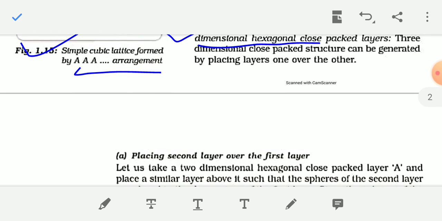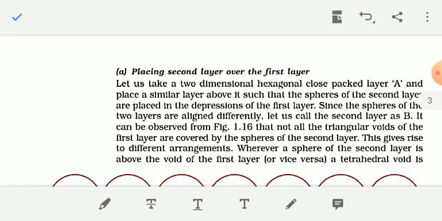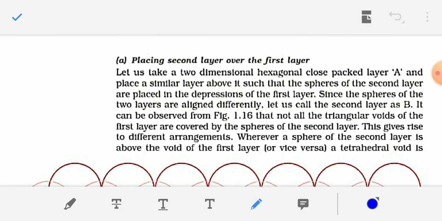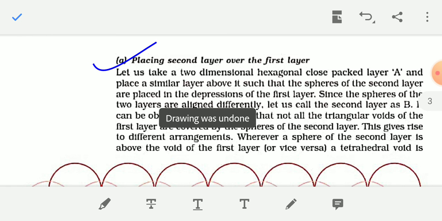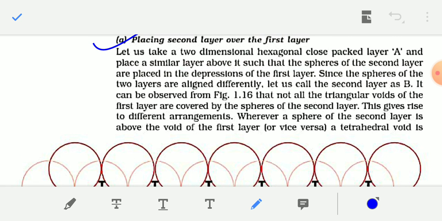Three-dimensional close packed structure can be generated by placing the second layer over the first layer. Let us take a two-dimensional hexagonal close pack layer A. Place a similar layer above it such that the spheres of the second layer are placed in the depressions of the first layer.